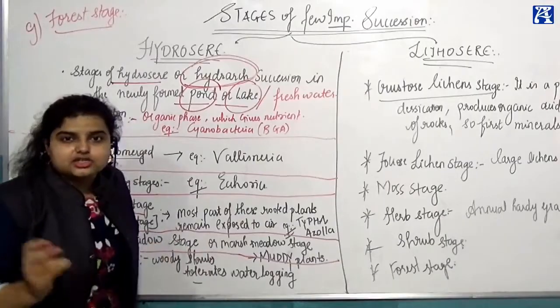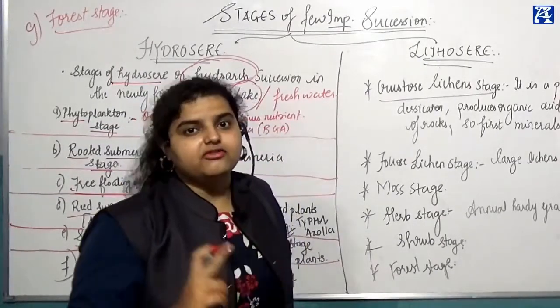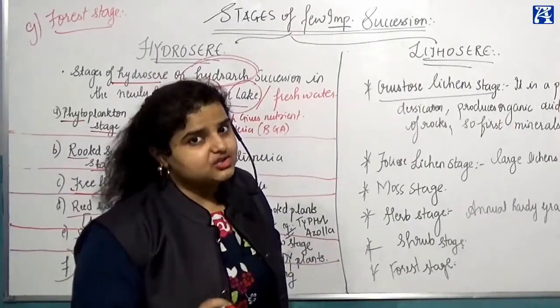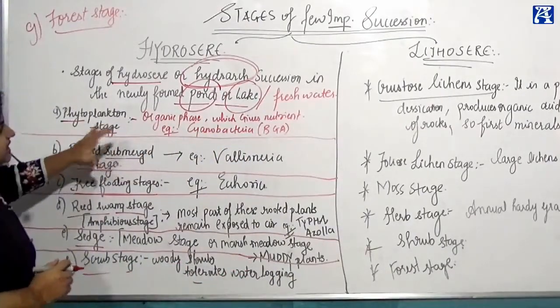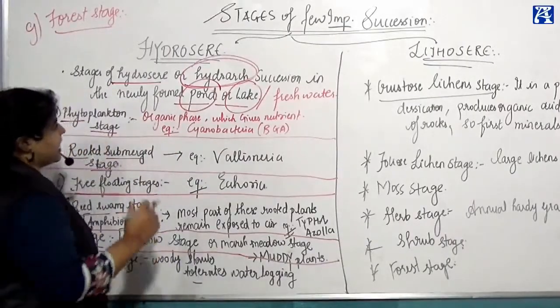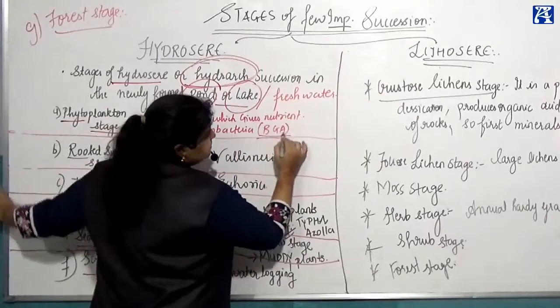Blue-green algae, it is not an algae, it is a bacteria. I told you, we have learned the living world very properly, and I have also told you why this cyanobacteria is called blue-green algae. Clear? Yes. So I have said it is an organic phase which gives the nutrient, and the example of it is cyanobacteria, which is also called BGA, that is blue-green algae.